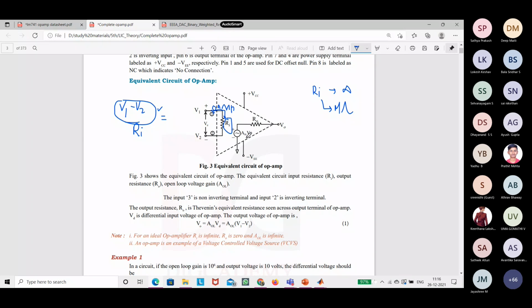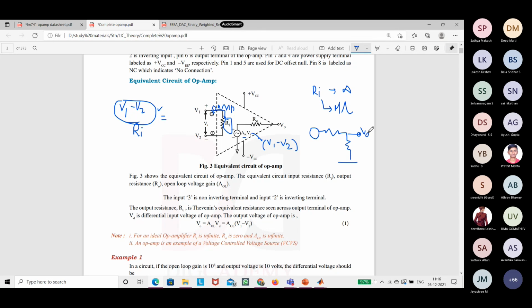Then we have the open loop gain, that is the differential gain, and the difference of the voltages, that is VD equals V1 minus V2. So this is the voltage controlled voltage source. And then for the output, say I have a source over here, I have some resistance, and I'll be taking the output across this resistor.